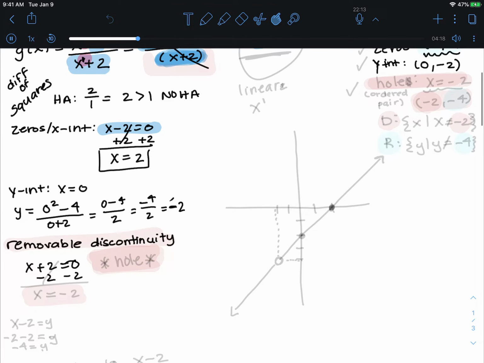So you subtract the 2, and now x is going to equal negative 2. This removable discontinuity, guys, we are going to call a hole. So we're going to have a hole at x equals negative 2.